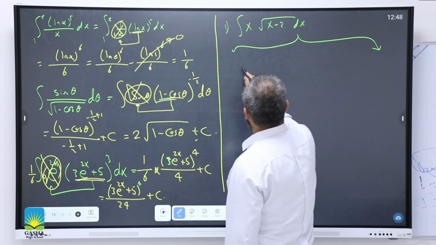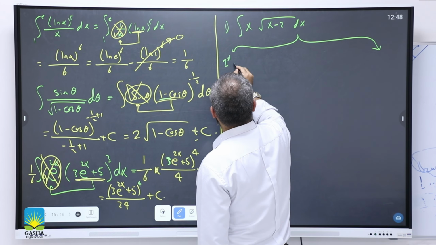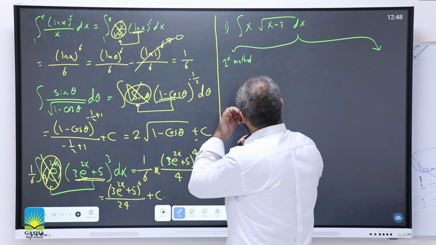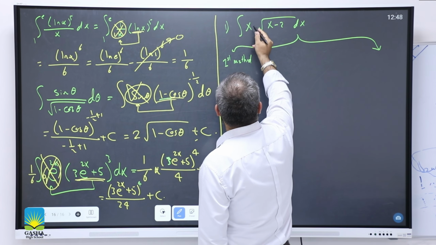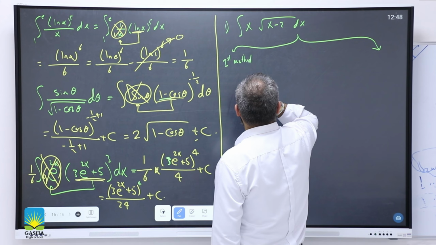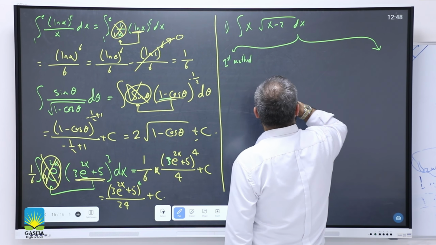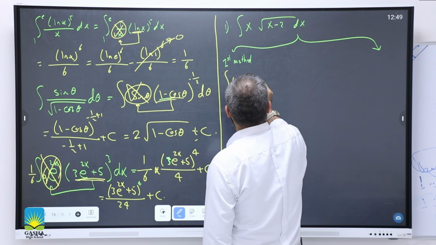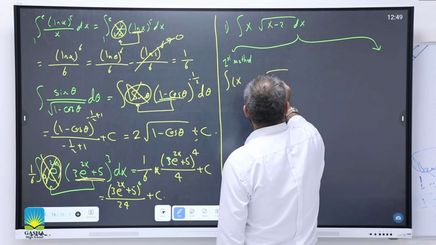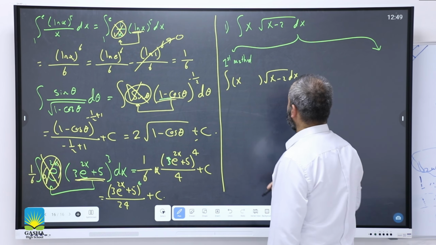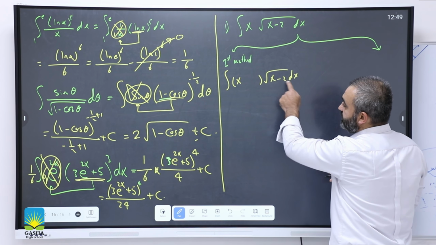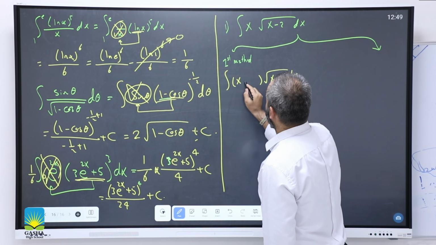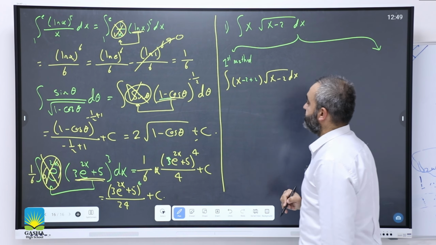First method, we add and subtract by this number. The integral of x square root of x minus 2 dx. X here, inside the square root is x minus 2, so we minus 2 and plus 2 here.